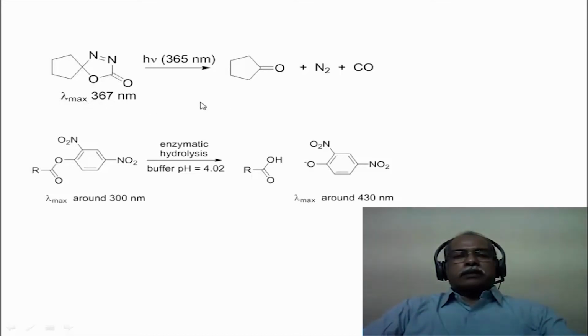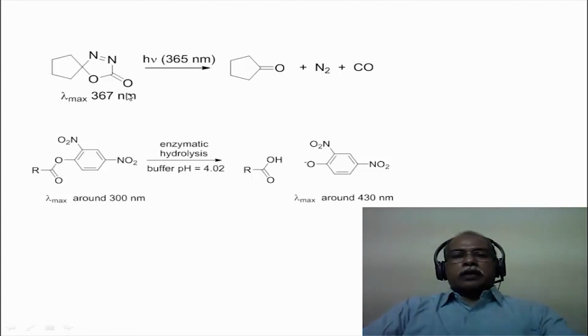When this molecule is irradiated with radiation of 365 nanometer, it undergoes extrusion of a molecule of nitrogen and carbon monoxide to give cyclopentanone. Cyclopentanone does not have any absorption in the region where the starting material is absorbing. Cyclopentanone has an absorption typically in the vacuum ultraviolet region of less than 200 nanometers or so.